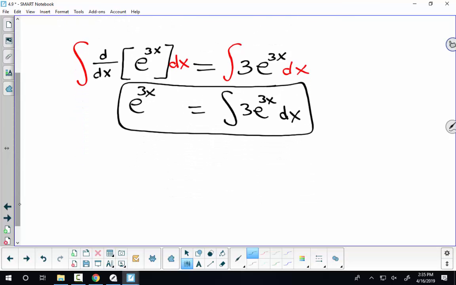Now, another way we could look at this is where we have this constant of 3. So I could divide both sides of this equation by 3 and say 1/3 e to the 3x is the antiderivative of e to the 3x. Just divide by 3 on both sides.